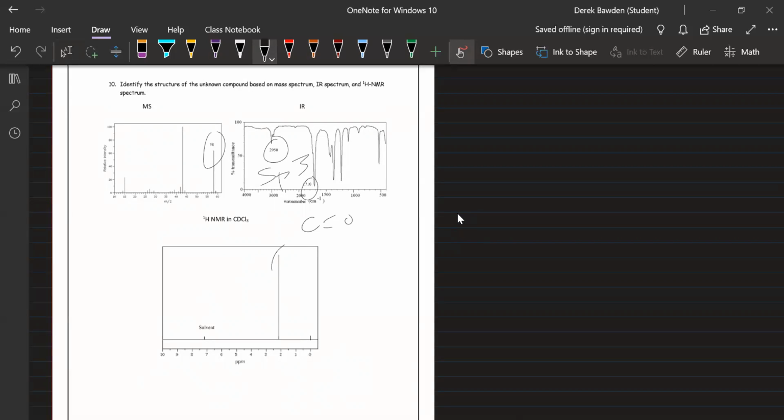We have a singlet with no neighbors. What else do we see in our HNMR? Another singlet. Okay. Got solvent. Yep. And I'm not really sure because that's at 0, and there's nothing that's really at 0 in HNMR, I don't think. We can double check.